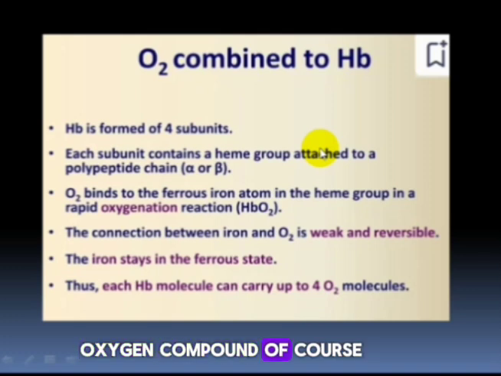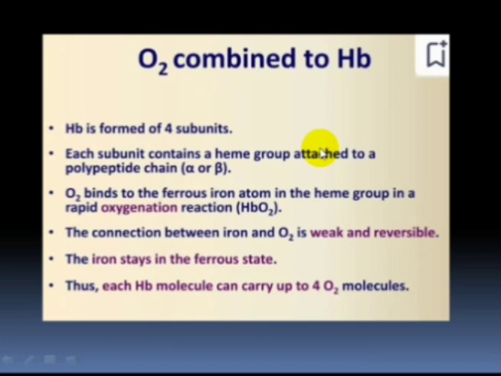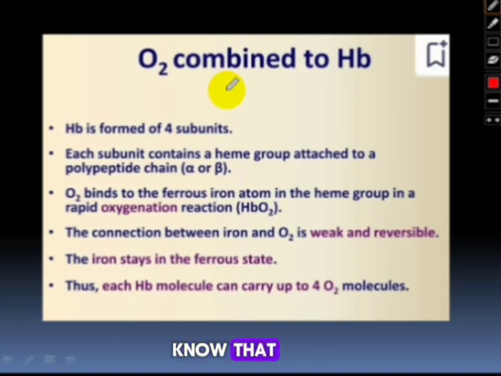Oxygen combined with hemoglobin. Of course, when we did blood physiology, I thought we discussed the structure of hemoglobin. By now, you should know that hemoglobin has 4 subunits. You should know that.